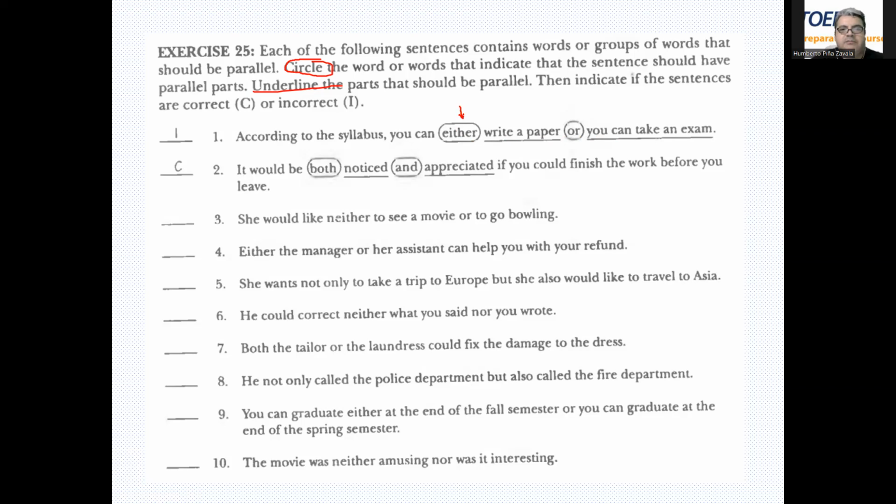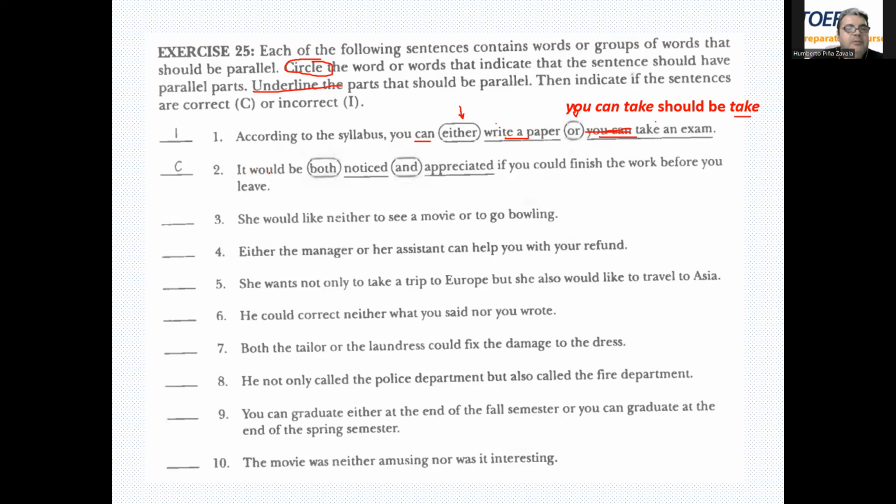So the pair conjunctions are fine, either or. The point is, here you have, you can take an exam, and then write a paper. So it should be, according to the syllabus, you can either write a paper or take an exam, right? So here you've got the auxiliary, you can do this or do that.